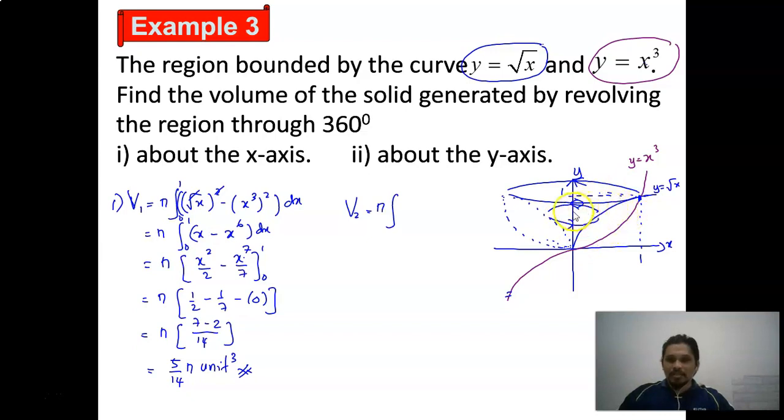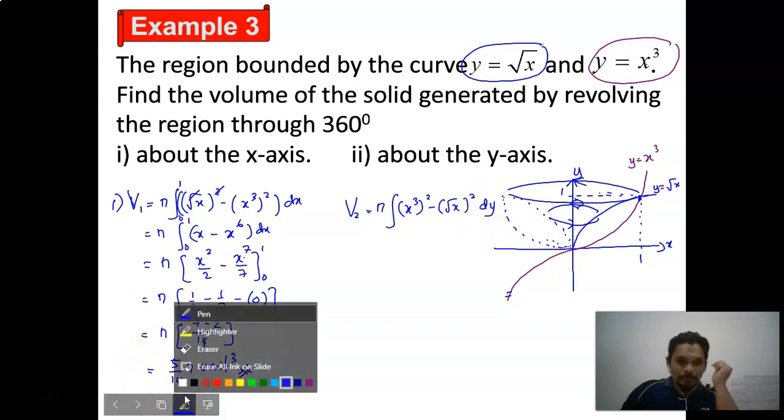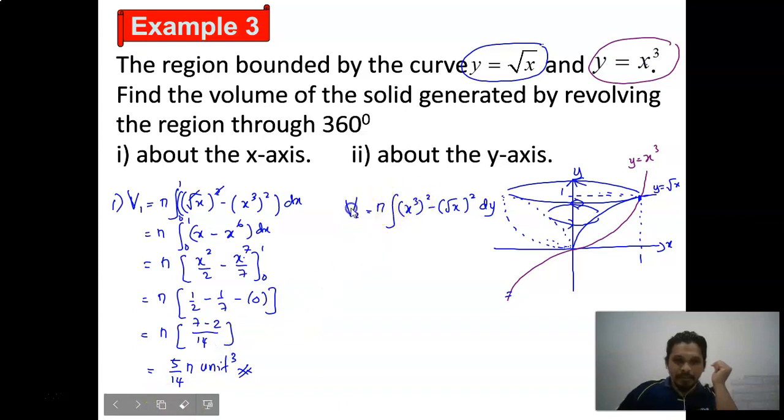To the y-axis, the graph in purple is above and the blue is below, so we come up with x cubed squared minus square root of x squared, dy. With respect to y, we need to make some adjustment here. Sorry, it's not it.